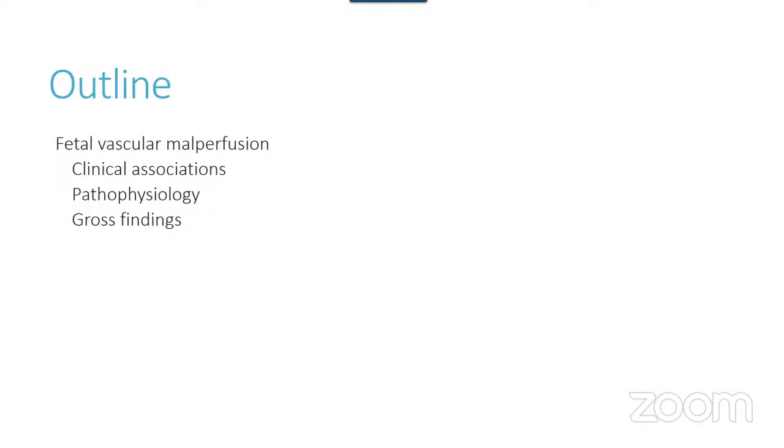Gross findings are important in all of pathology, but particularly in placental pathology, they are really key, and you really are dependent on your grosser to find these lesions for you. And then finally, of course, microscopic findings. And then, as I'd mentioned, we're going to go over some cases to try to apply what we learned in the first half to some real cases from my institution.